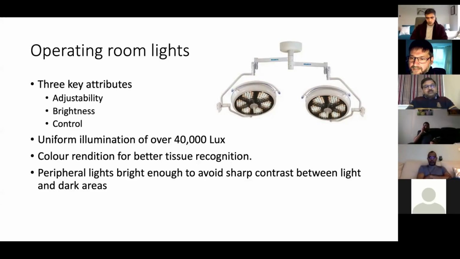One important aspect is that the peripheral lights in the theater should be bright enough to avoid a very sharp contrast between the light and the dark areas. So if we are working in the canopy area and the outside lights are very dark, it provides undue strain on the eyes. So if the theater is uniformly lit, it helps our eyes.